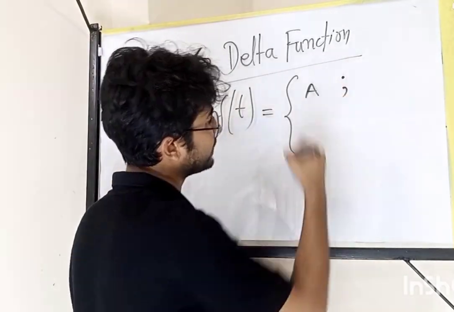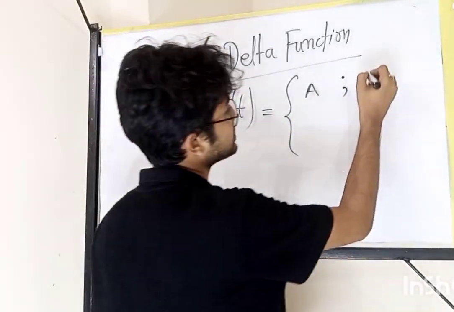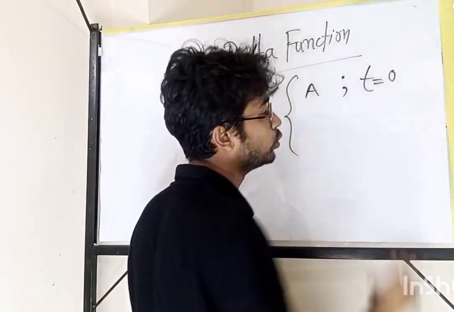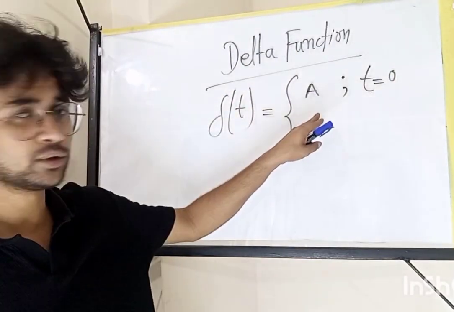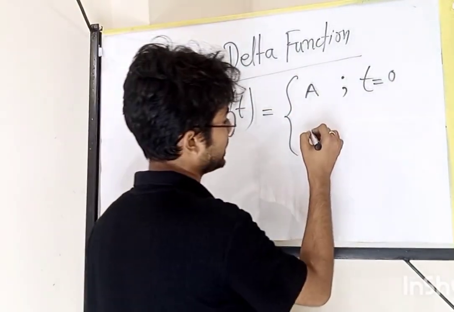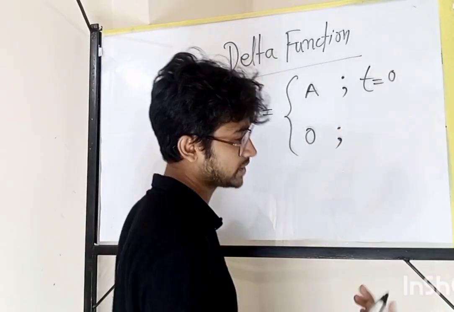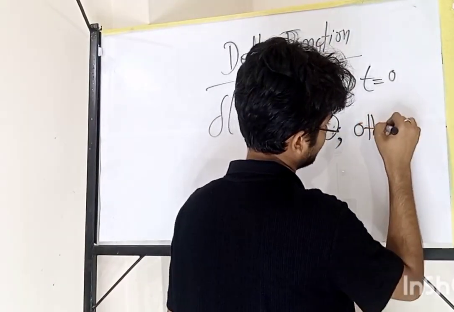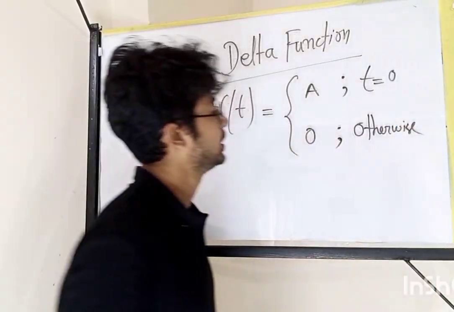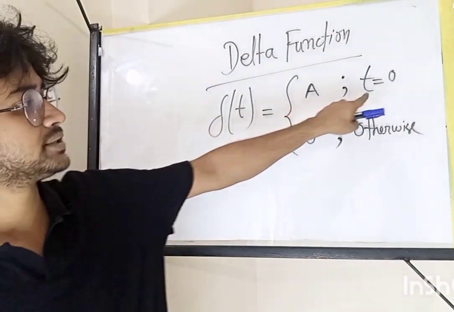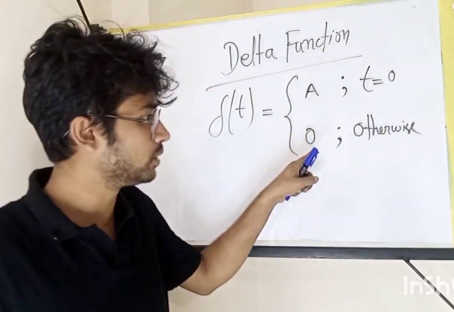You will get that value only where the time is 0, and you will get an output value of 0 everywhere else. So you get a single value at 0, and 0 everywhere else.